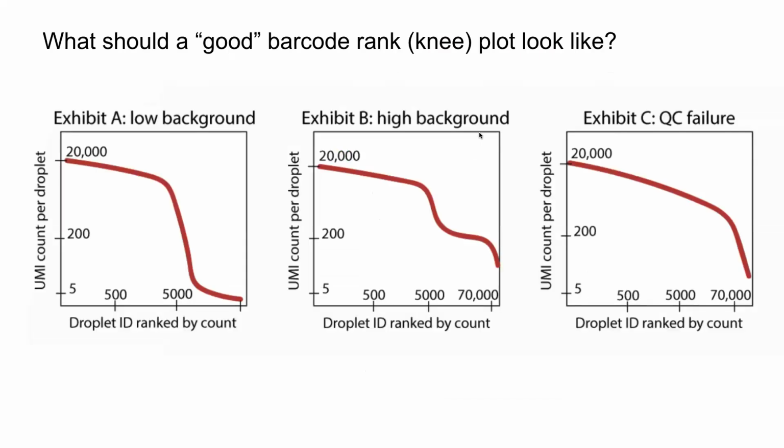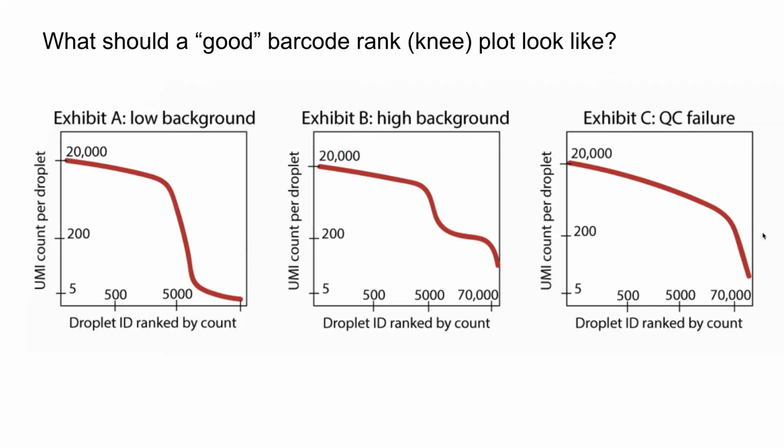To give you an idea of what a good knee plot should look like, on the left is what I showed you with low background. There's a sharp drop, and with high background there's a less sharp drop, because there's a lot of ambient RNA floating around. And here's a total QC failure, where there's essentially no drop and no way to discern background from noise.